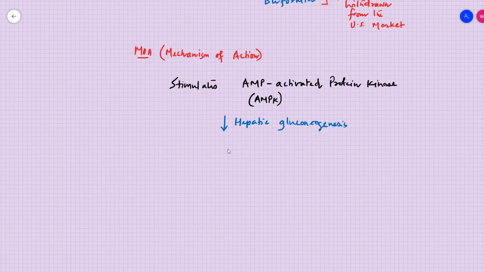Then it increases glucose sensitivity of peripheral tissues. Then it increases glucose uptake in the periphery.